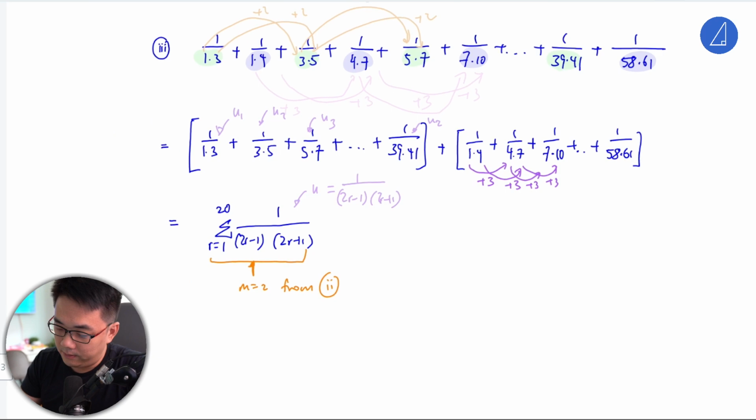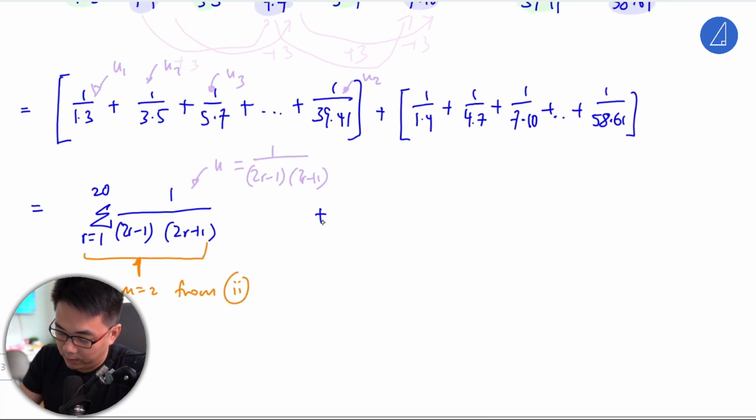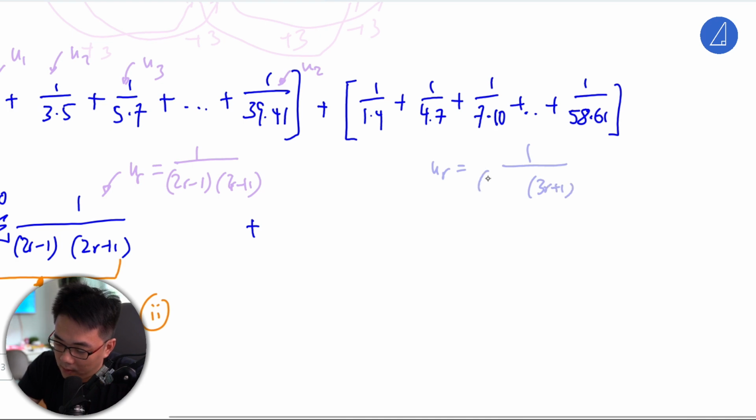Okay, so same thing, we need to be able to see the increment, just like in secondary school we learn. The general pattern here will be UR is equals to, because it's increment of 3, so it's 3R minus 1 plus 1. Okay, it's a one term before it. So there you go.